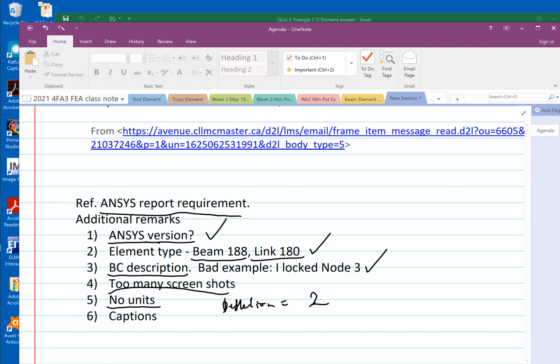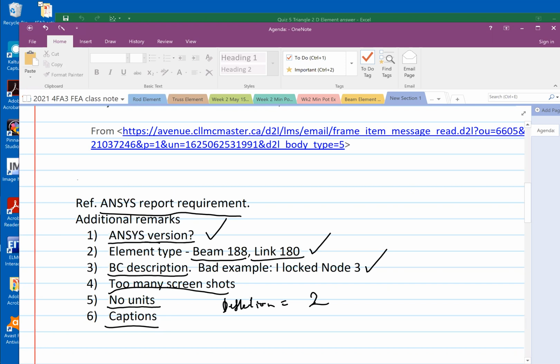Okay, and finally, if you present pictures in your report, try to write something about it. You know, figure 1 is a deflection of the structure. Figure 2 is a stress plot of the structure.